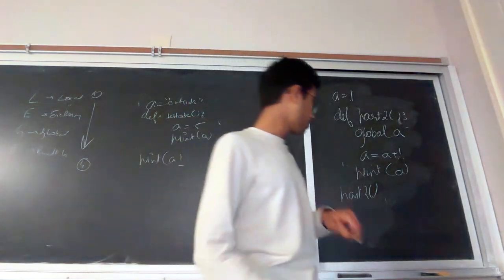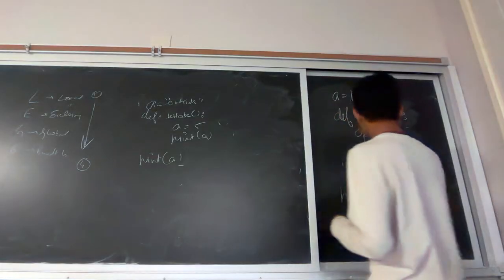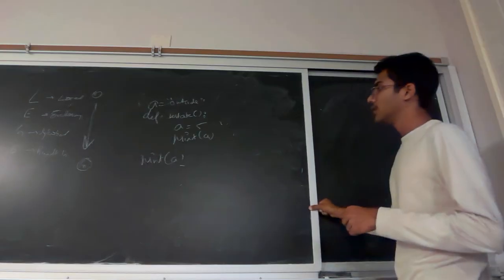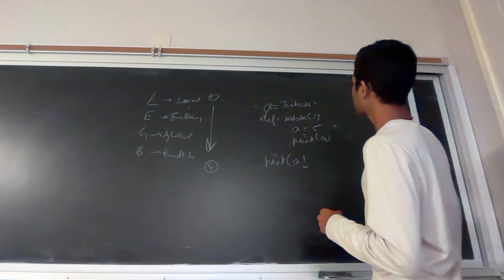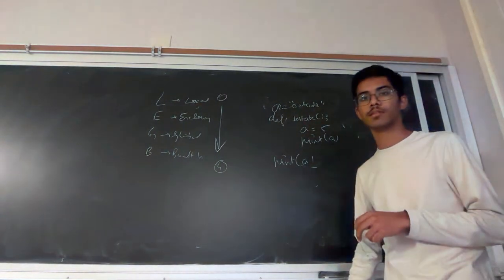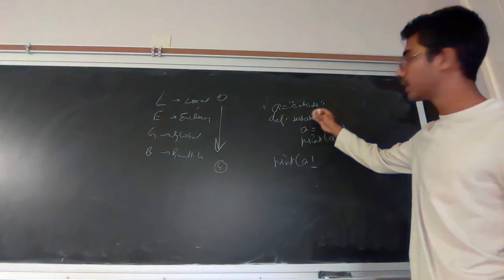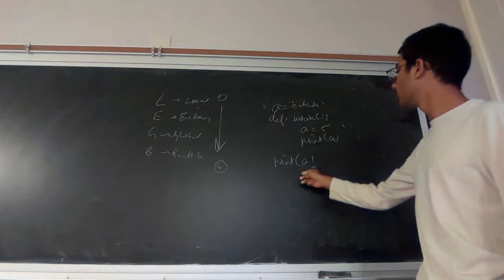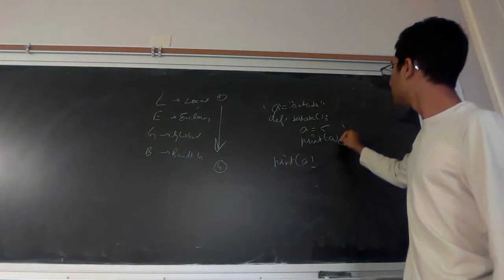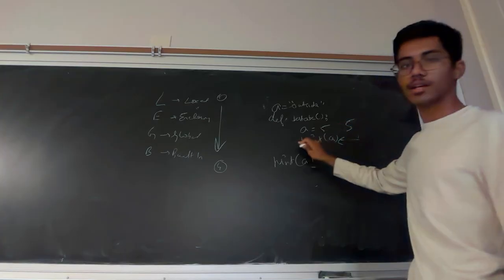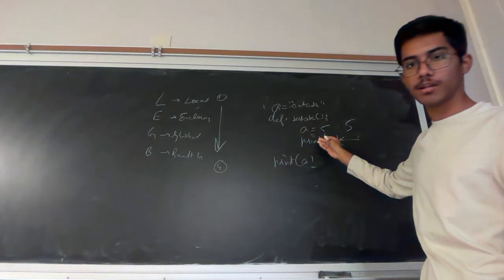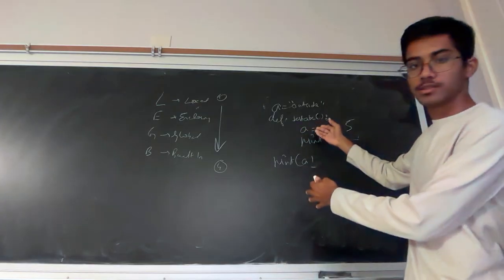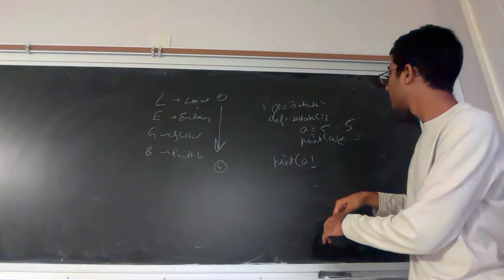Why is this important? Well, let us consider our original example where we say A is equal to outside, def test ABC, A is equal to 5, print A, print A. What happens here is this print statement will print 5 because it finds the value of A in its local environment.